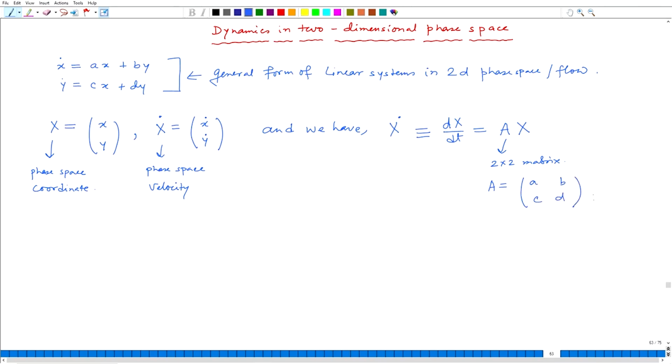Today, first I will show you a general theorem.